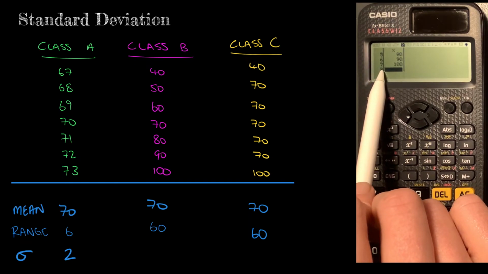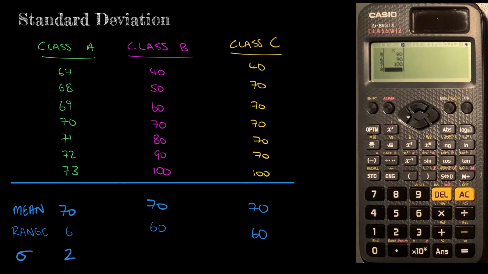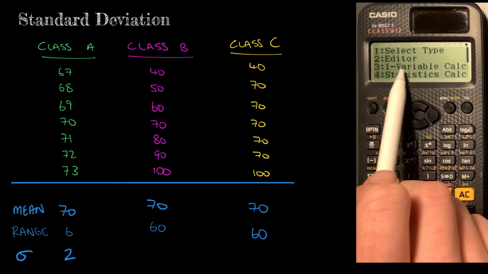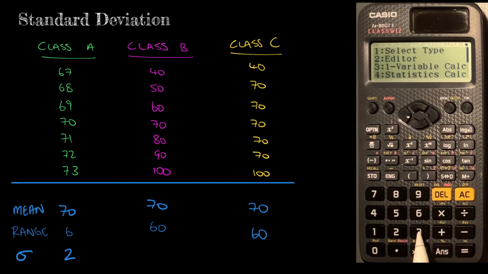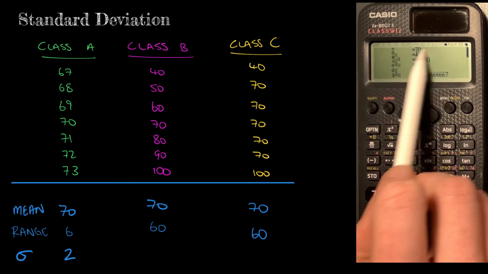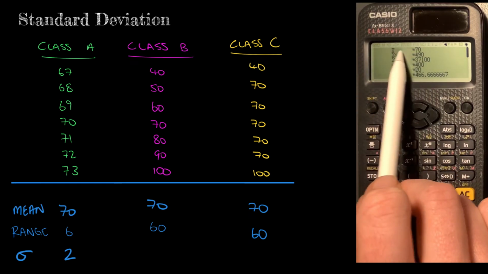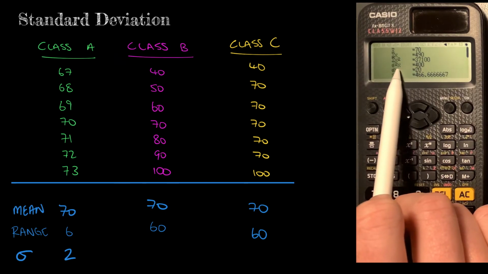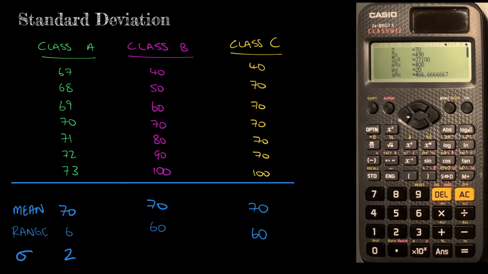We can see this number 7 there. So now we need to get the calculator to make those calculations. So again, we go to options, we go to one variable calculations, so 3, and that'll tell us all the calculations for one variable. It has a mean of 70, you can see that there. It has a standard deviation of 20. So I'll just fill that in down here.